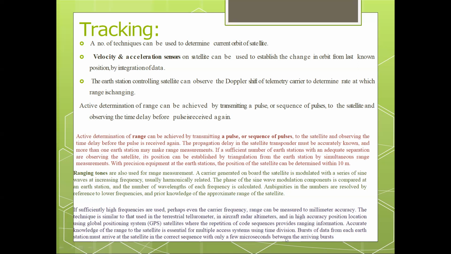This ranging tone information is similar to terrestrial telemetry, or simply aircraft radar, for example. All such information is followed here to evaluate the ranging tones. Clear? So that is the information under tracking.